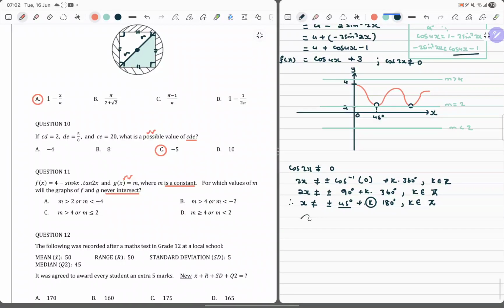So this is to say, therefore, m must be less than or equal to 2, or m must be greater than 4. Do we see something like that? That's option C. So we can say, therefore, our answer is option C.